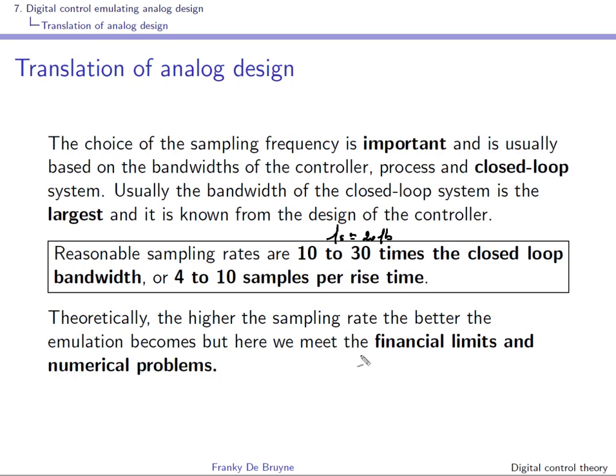This means a smaller quantization step, so a higher number of bits in the analog to digital conversion, so a higher price. So we see also, and we've seen this in the implementation of the PID controller, that when TS becomes very small, well, you can expect numerical problems in the implementation of control algorithms.